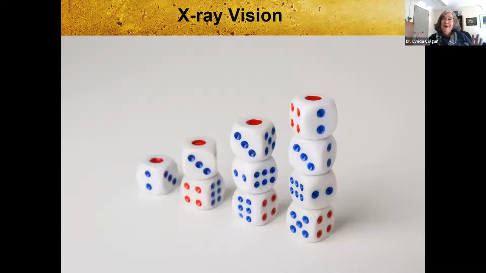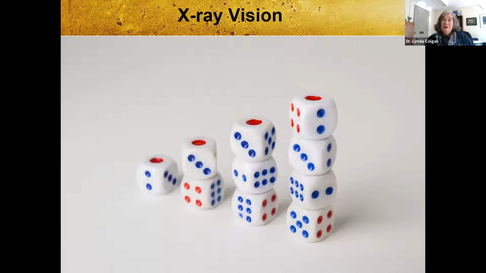Awesome. So I'm going to make this one harder. I'm going to ask the classes to please build a tower with 3 dice for me. This time, there should be 5 faces that are hidden from them if they just look at the tower, because they're stacked one on top of the other.